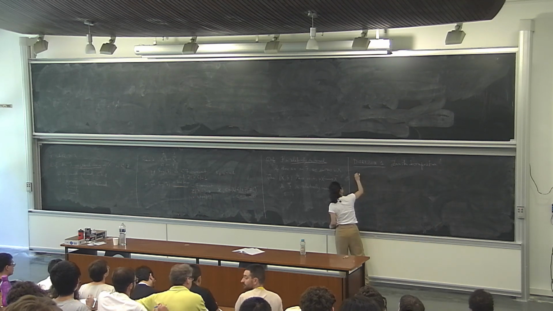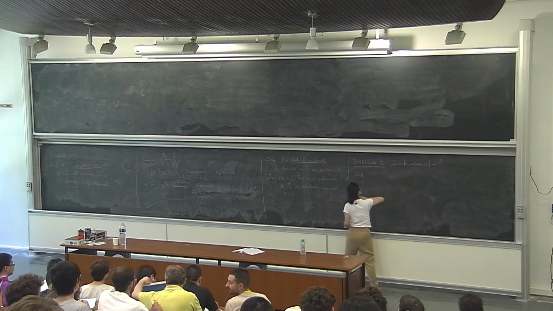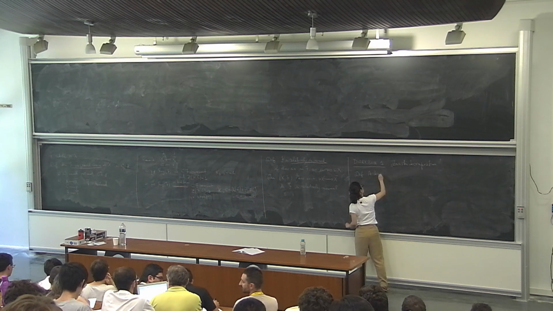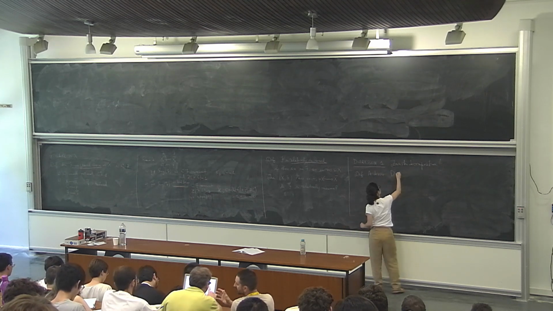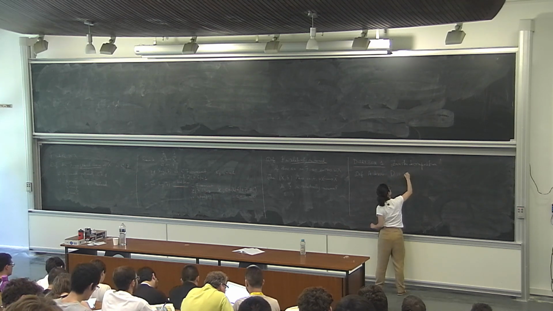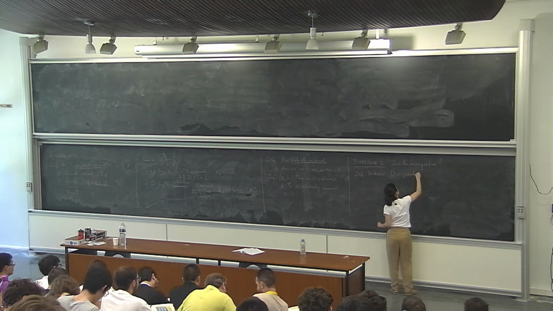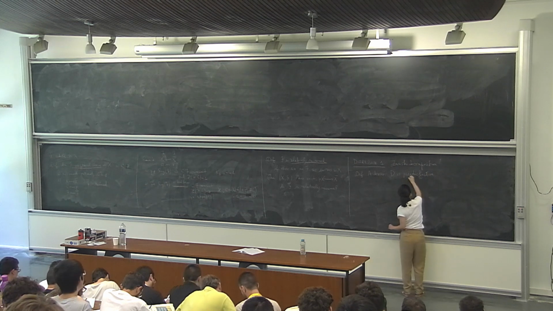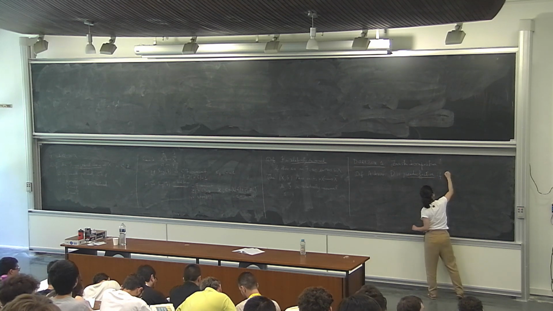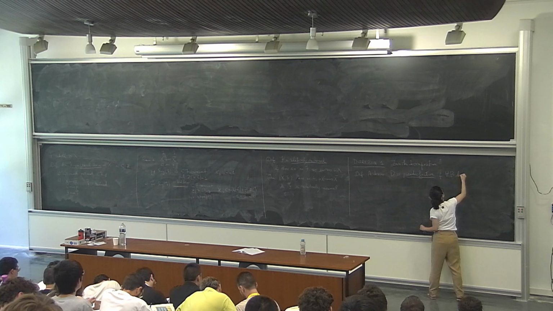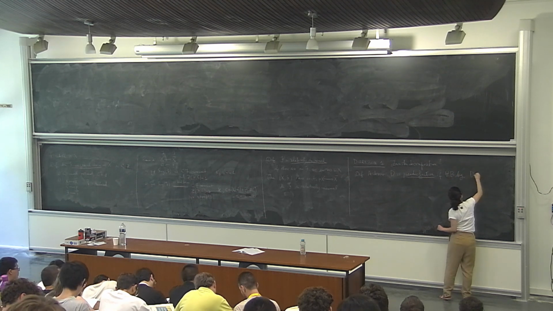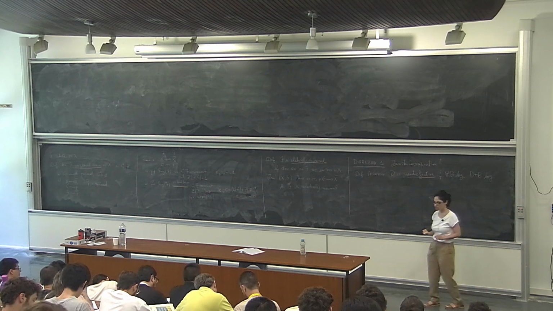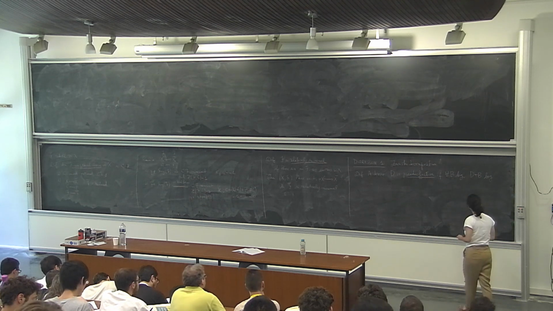OK, first of all, definition, a divisor D is pseudo-effective if for every big divisor, D plus P is big. So this is a definition.